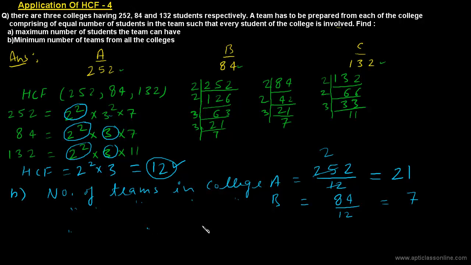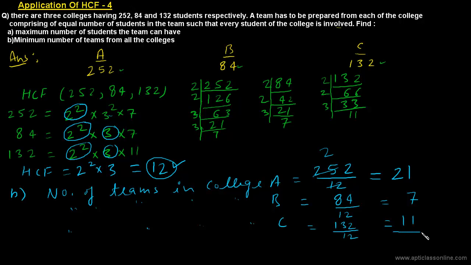The number of teams in college C will be the strength 132 divided by 12, that is 11. So college A will have 21 teams, college B will have 7 teams, and college C will have 11 teams, comprising 12 students in each team, which is the highest.